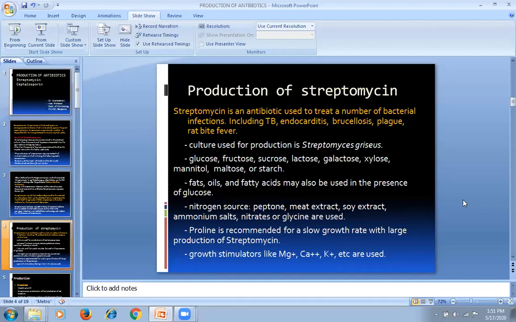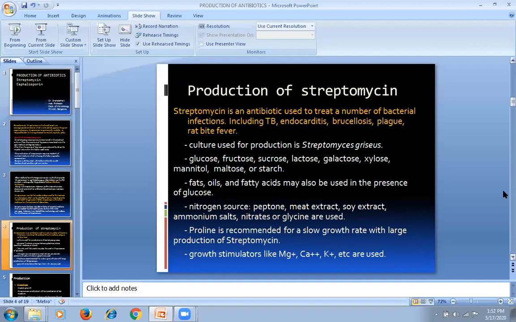Along with that, it also requires fats, oils, and fatty acids as a lipid source, along with, of course, the glucose sources. Nitrogen sources include peptone, meat extract, and soy extract. Along with that, ammonium salts, nitrates, or glycine can be used as nitrogen sources.